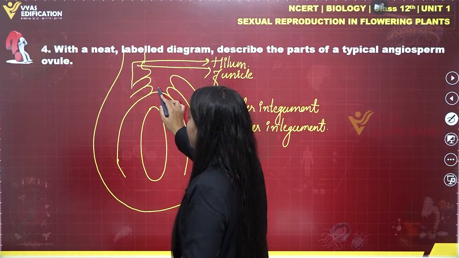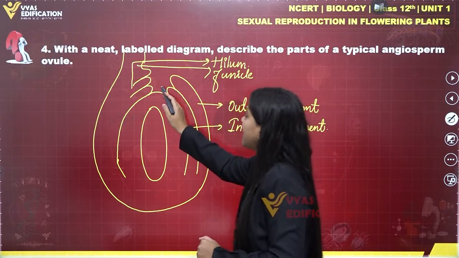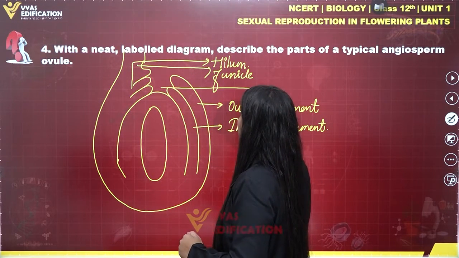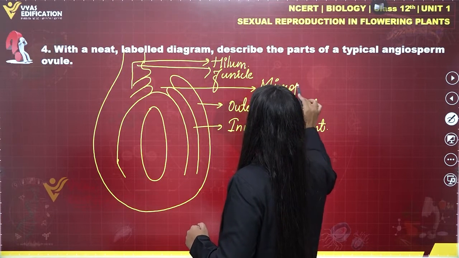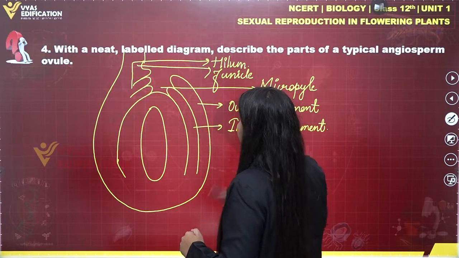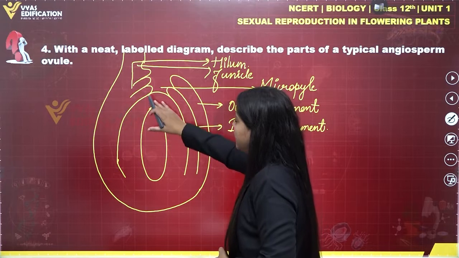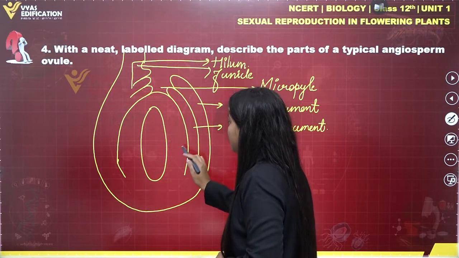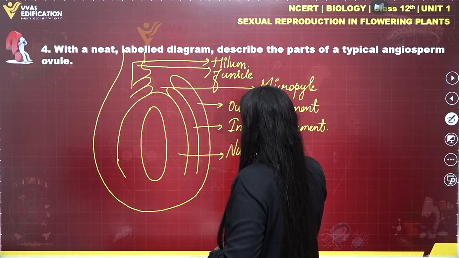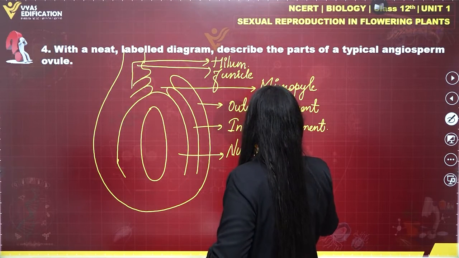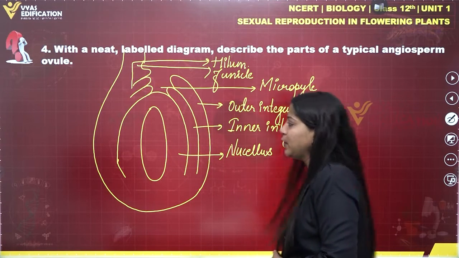This region where the integuments are not covering the ovule is known as the micropyle region. This is the micropyle. Inside the integuments is the nucellus tissue, which has abundant food reserve material for the developing embryo.